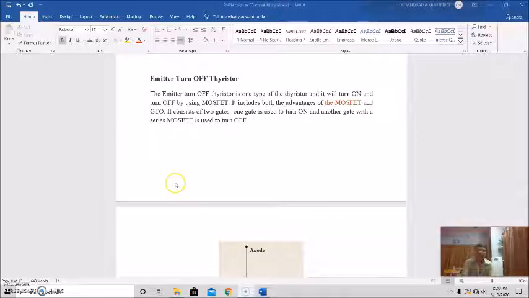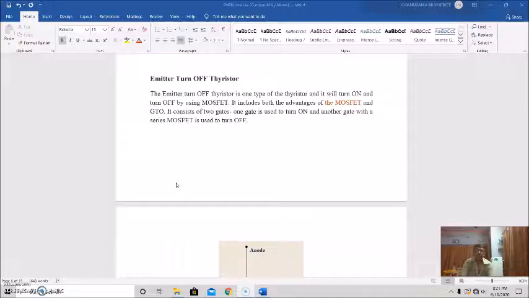Now we'll discuss another important member of the thyristor family, the emitter turn-off thyristor. This emitter turn-off thyristor is a type of thyristor that turns on and off using a MOSFET. It includes the advantages of both the MOSFET and GTO, and consists of two gates.